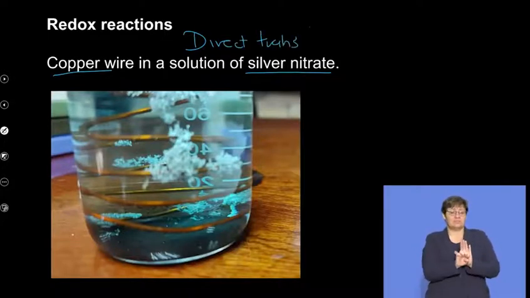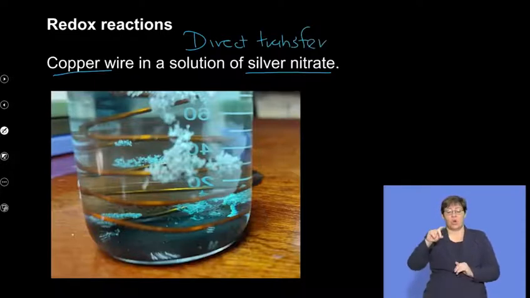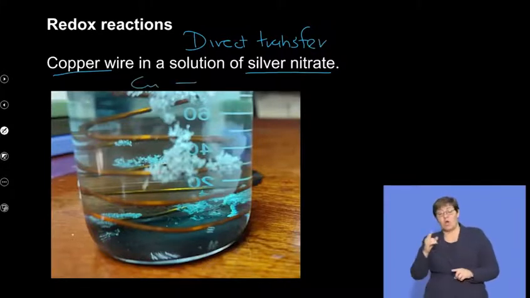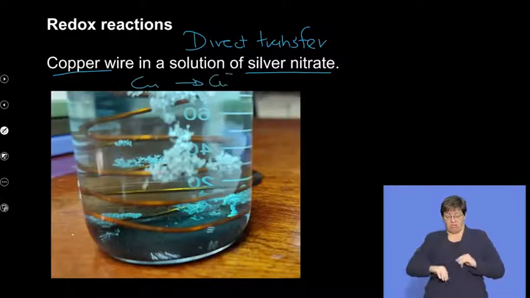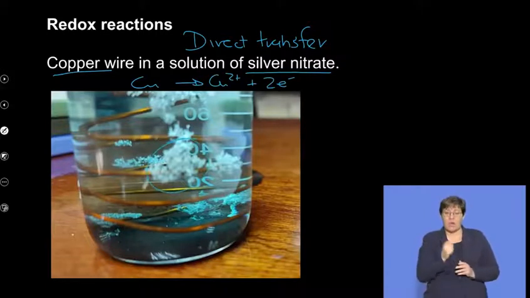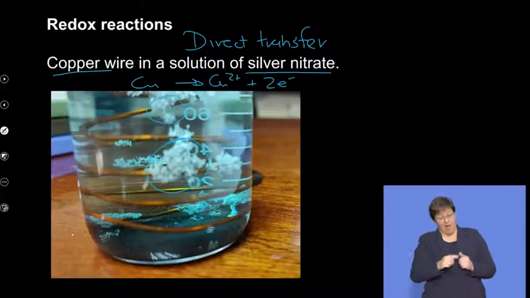It's an example of a redox reaction. But this time, the copper is the one that is going from copper to copper ions, plus 2 electrons.